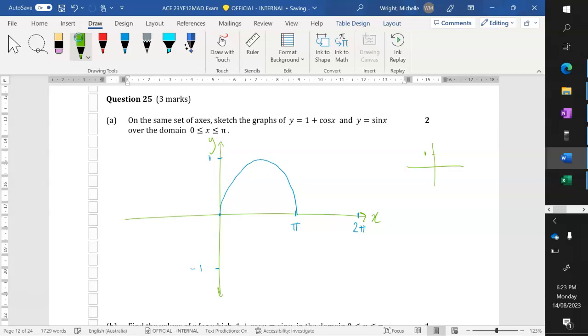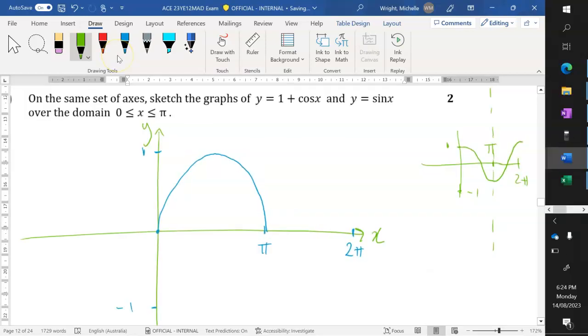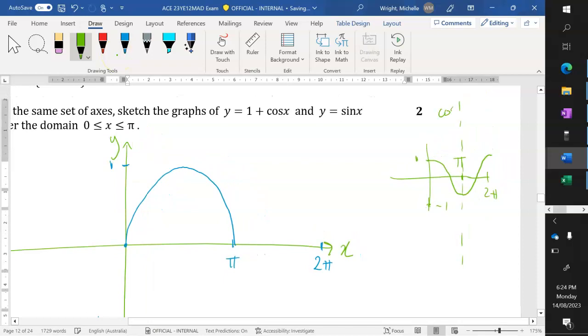Cos of x in that same domain is going to start at 1 and it also has a period of 2 pi, but it's out of sync a little bit with our sine curve. So I've done a little sketch of cos of x over here and look at what's happening there. If it's got a period of 2 pi, then it would repeat at 2 pi.